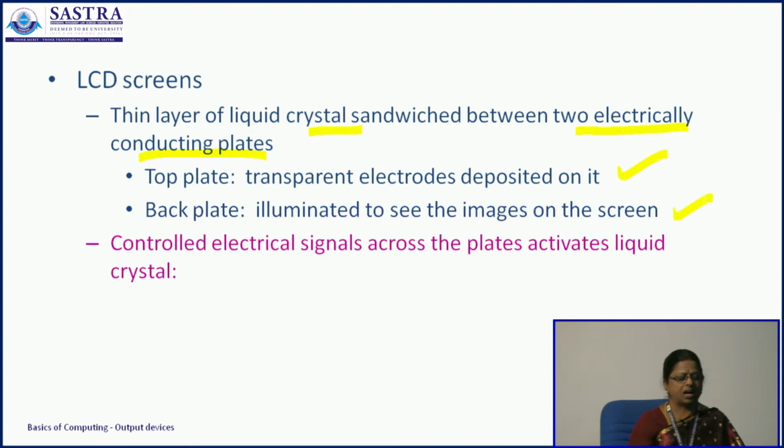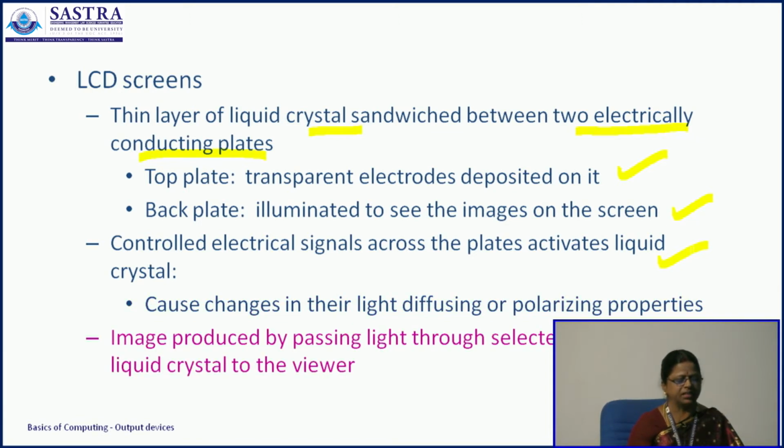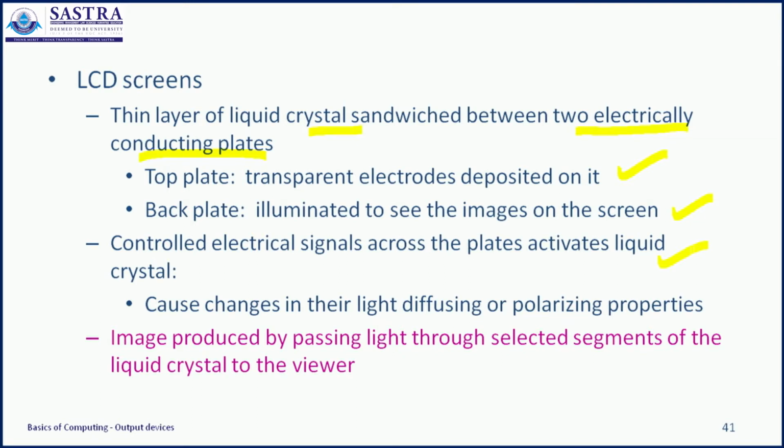The plates are controlled by electrical signals, which activate the liquid crystal in between the two plates. It causes changes in their light diffusing or polarizing properties, and images are produced by passing light through selected segments of liquid crystal to the viewer.